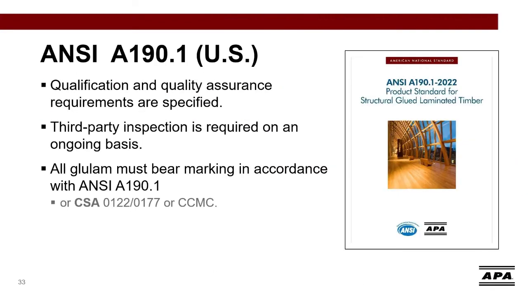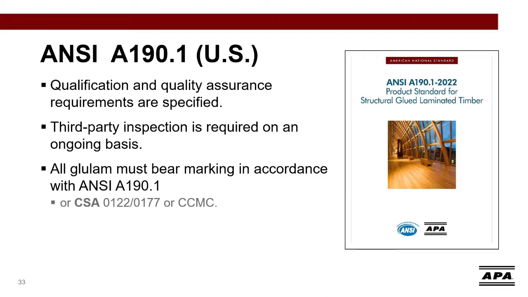U.S. produced Glulam is manufactured to ANSI standard A190.1. Covered are things like lumber material requirements, laminating and adhesive requirements, assembly for the face, end and finger joining, and the final dimension of the beam. The standard, as well as building code, specifies that a third-party grading agency must be involved in auditing the manufacturing process.